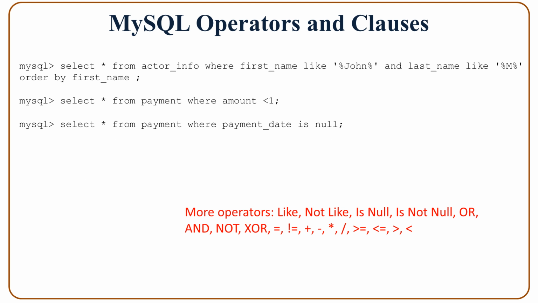This is an example with the less than operator. And in the last example, you look for records in which the payment date is now. And there are more here that you can also try on MySQL.